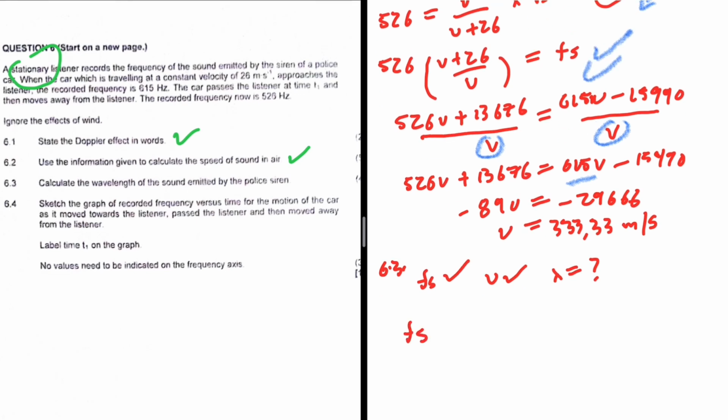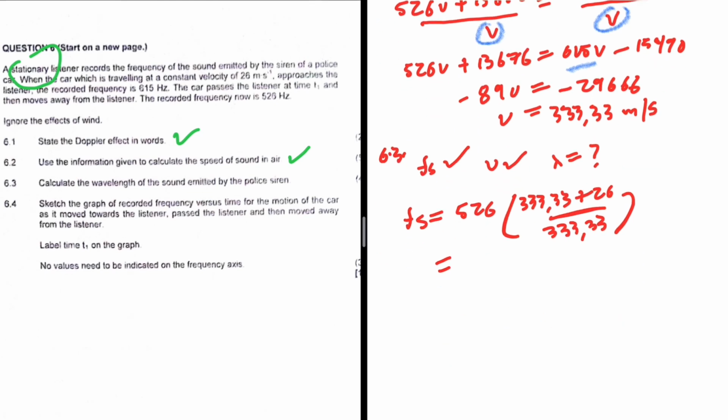So Fs is equal to 526 multiplied by V, which is 333.33, plus 26, divided by 333.33. Let me put that in my calculator. 526 multiplied by 333.33 plus 26, everything divided by 333.33.